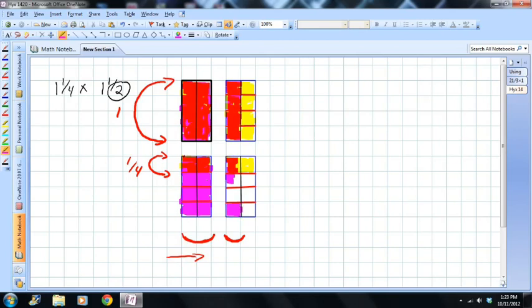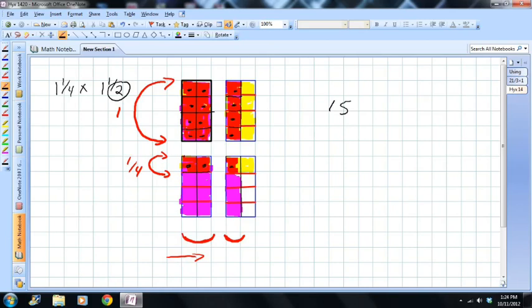So now what we need to do is go back and look at the number of sections where our colors overlapped each other. For our sections where the colors overlapped, we have 1, 2, 3, 4, 5, 6, 7, 8, 9, 10, 11, 12, 13, 14, 15.